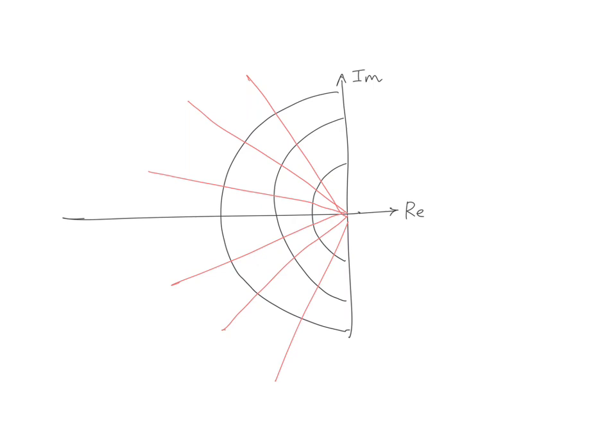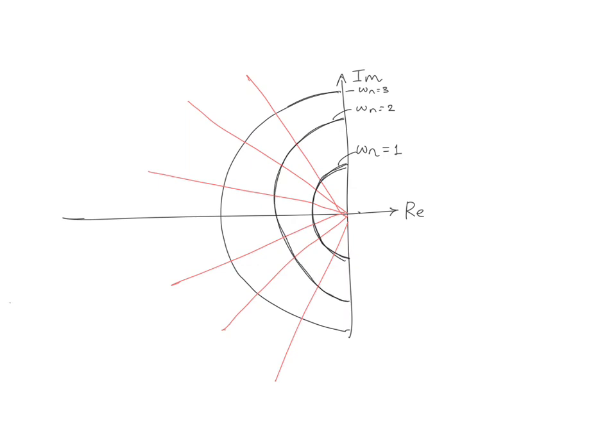So each of these is a locus. This semicircle is a locus of constant omega n. Let's say omega n equals 1, then this is omega n equals 2, and this is omega n equals 3. So each of these semicircles is a locus of constant omega n. Now what is omega n?